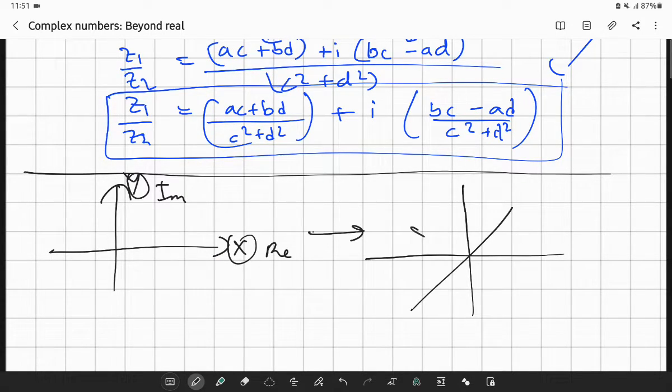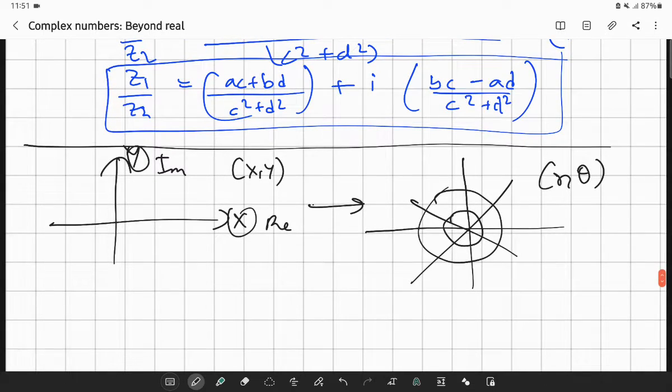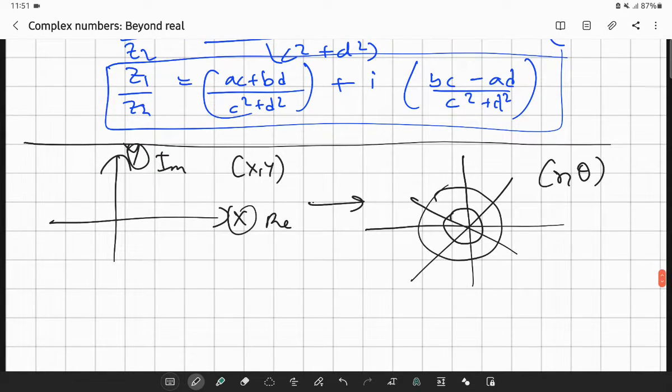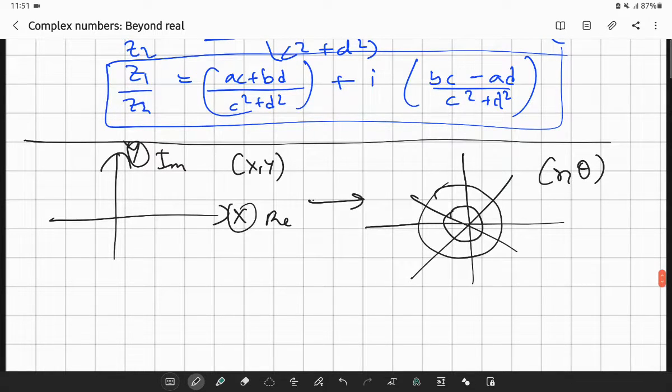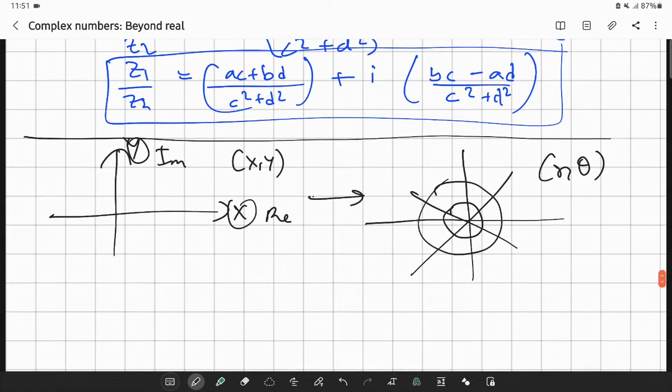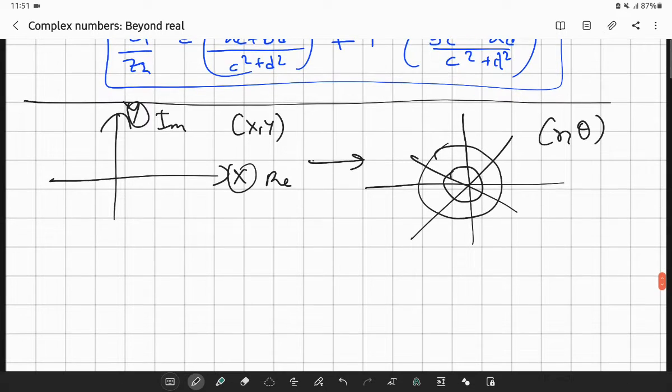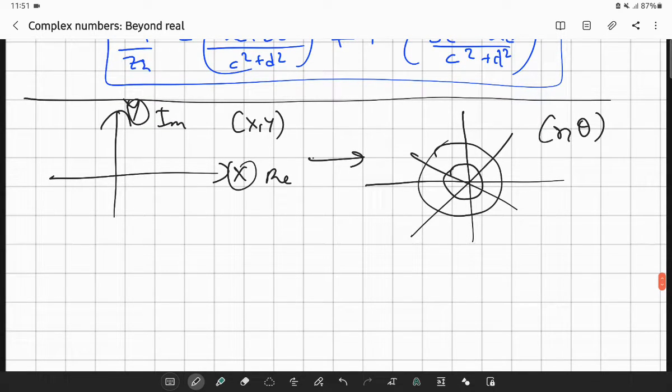Haven't we taken the polar coordinates r, theta? So we find that it's useful to express complex numbers in polar form. But how exactly do we do this? If you remember, in the polar coordinates the conversion was this: x equals r cos theta and y equals r sin theta, where r was the radius.